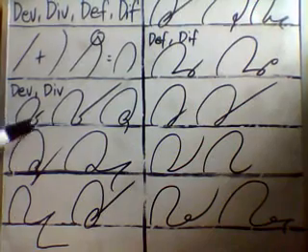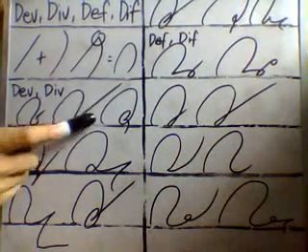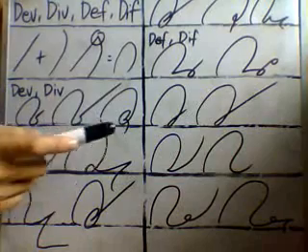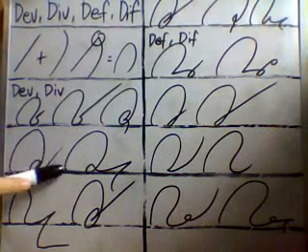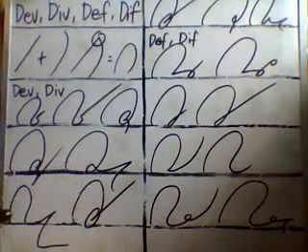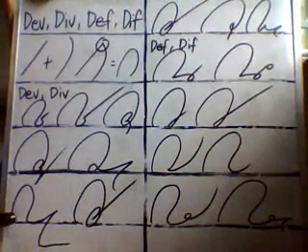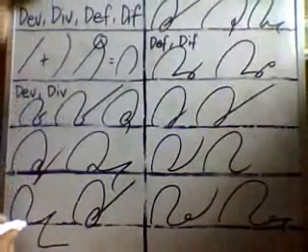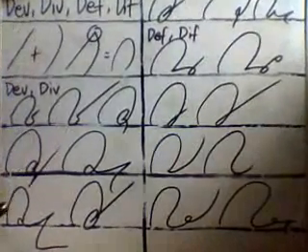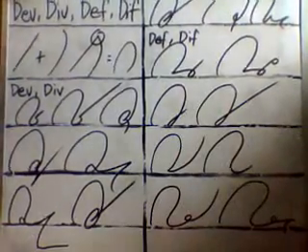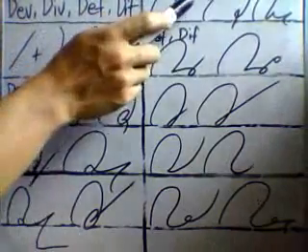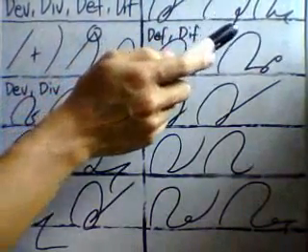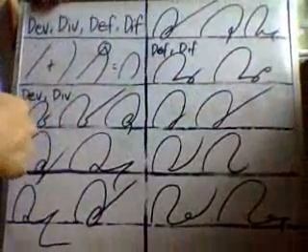Okay, dev ot, devote, dev oted, devoted, dev is, device, dev isd, devised, dev elp, develop, dev elp meant, development, dev id, divide, dev ided, divided, dev ison, division, dev ors, divorce. Okay, so you can see that.